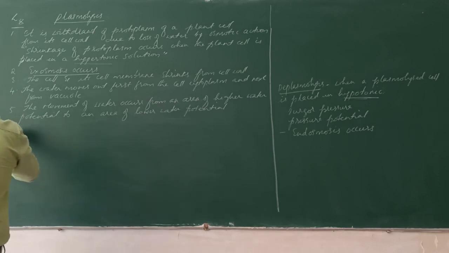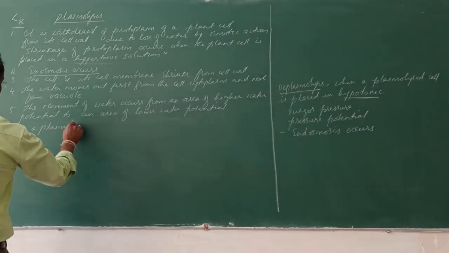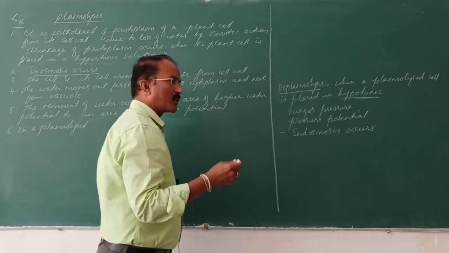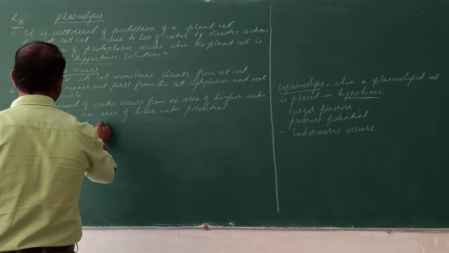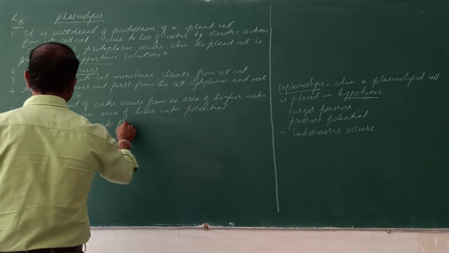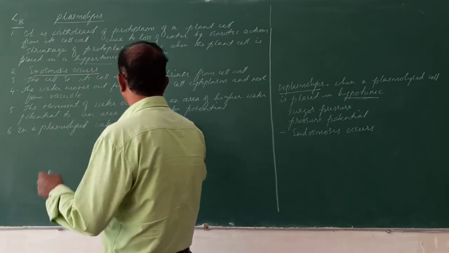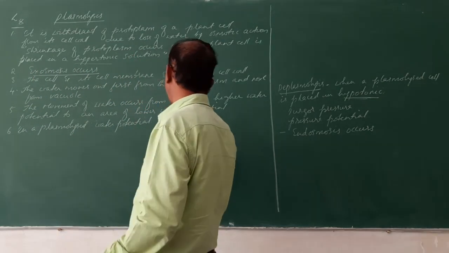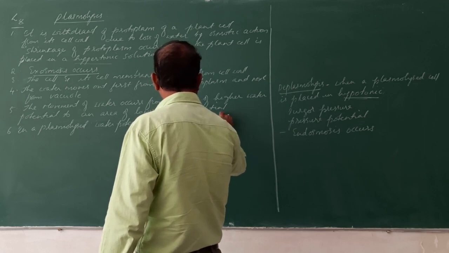Next, sixth point: in a plasmolyzed cell, what is the condition of water potential? Water potential is highly negative, no? Water potential is very less, that is highly negative. I said up to what condition?